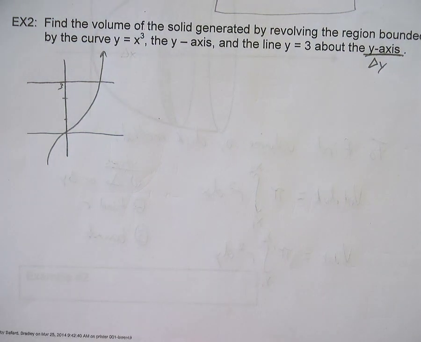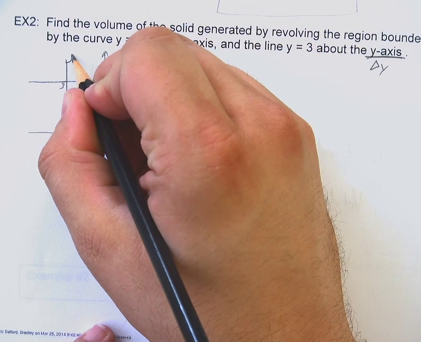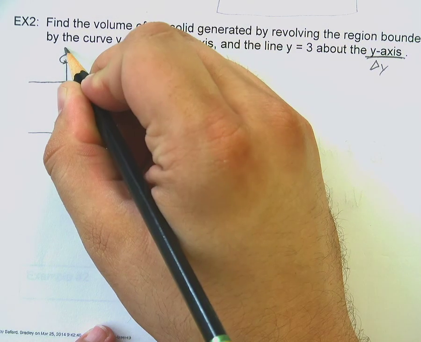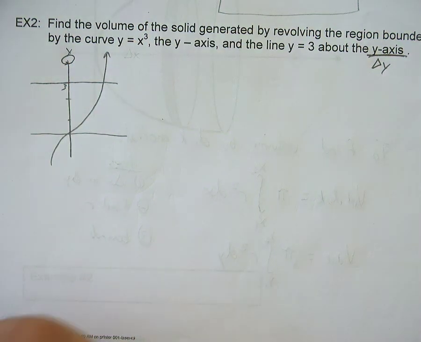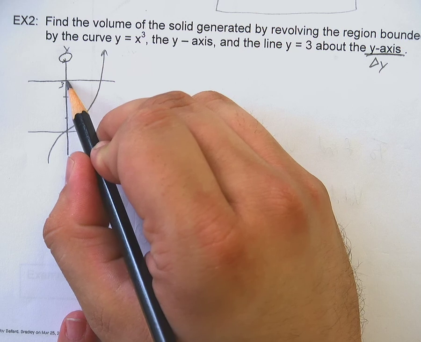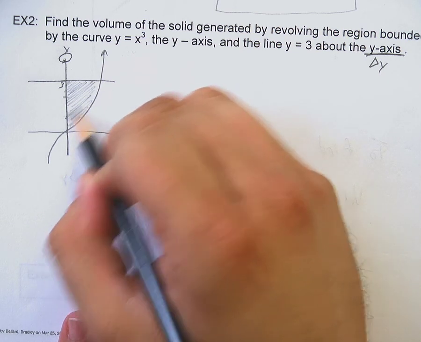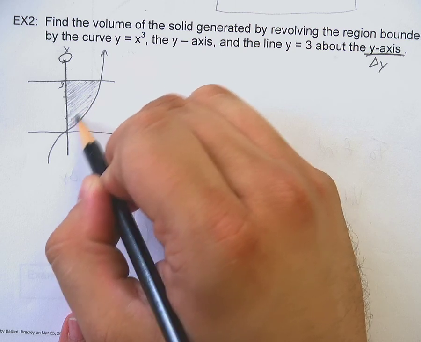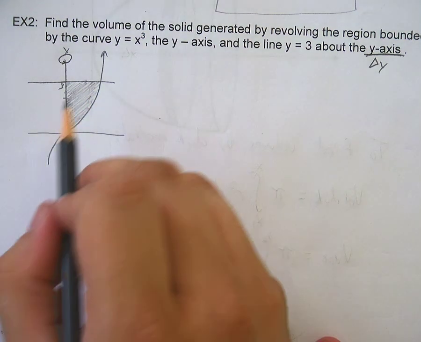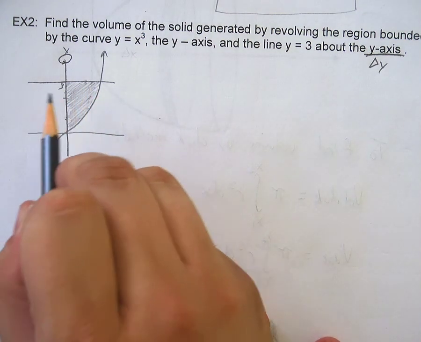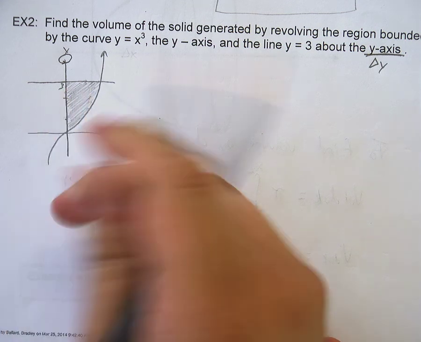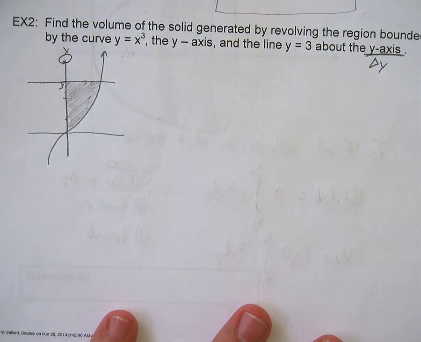And then the y-axis, so around the y-axis, I'm going to put which way I'm revolving it. So around y. So you can kind of see here, this is the area I'm working with. And I'm going to be turning it around the y-axis. So it's going to end up looking like an upright bowl kind of shape.